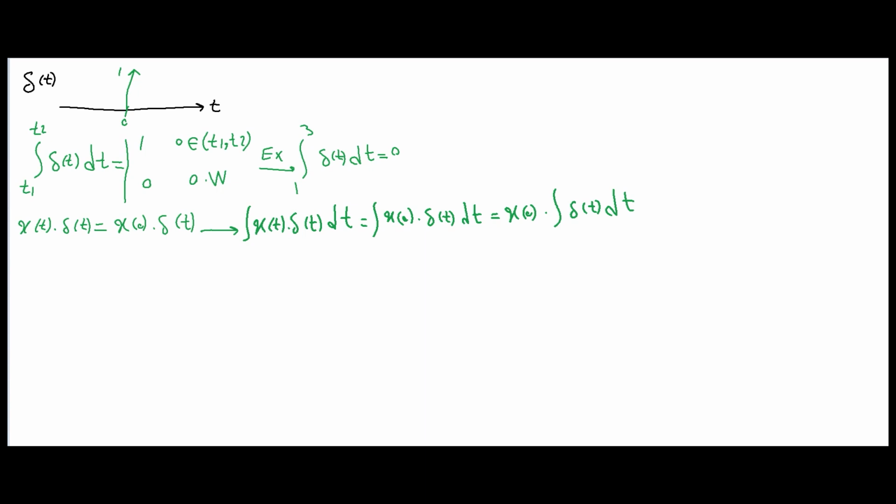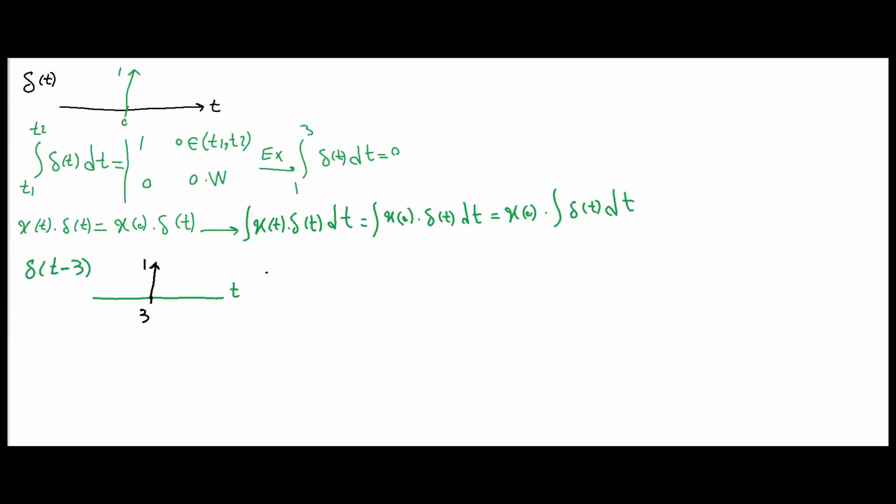Another point that many students get wrong is when delta t is shifted. For example, delta of t minus 3 no longer has a value only at time equal to 0. This time the signal has a value of 1 at time equal to 3 seconds, and it is 0 at all other times.